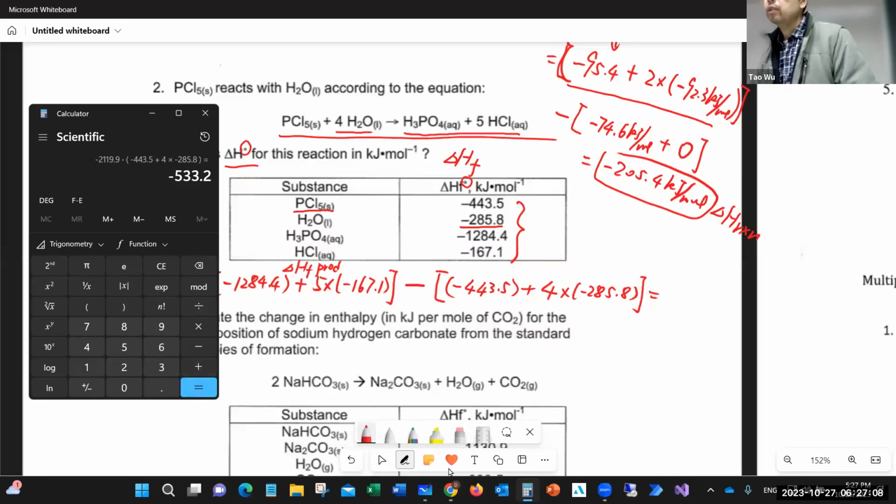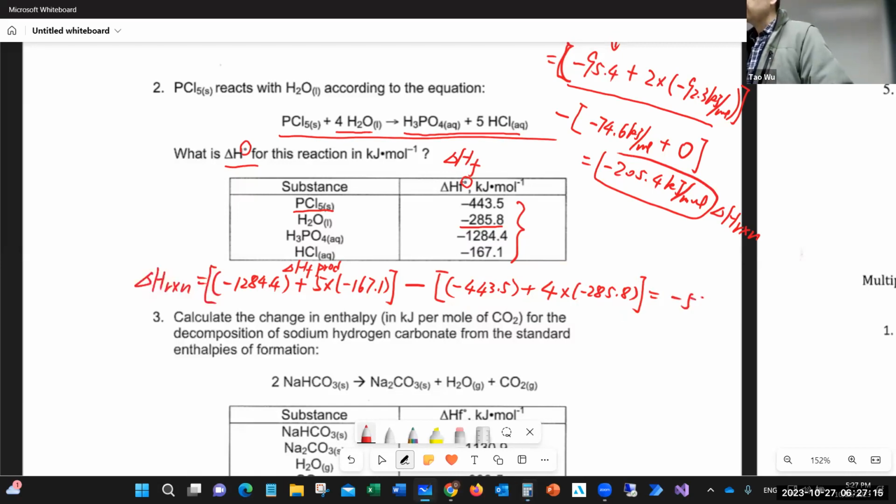Now you can get the difference. The difference is negative 533.2 kilojoule per mole. And this is going to be an exothermic reaction. So you see, that is the enthalpy change of these reactions.